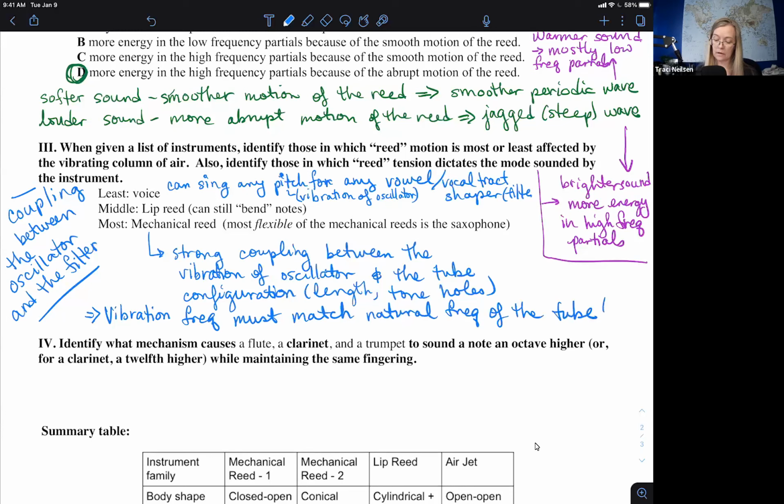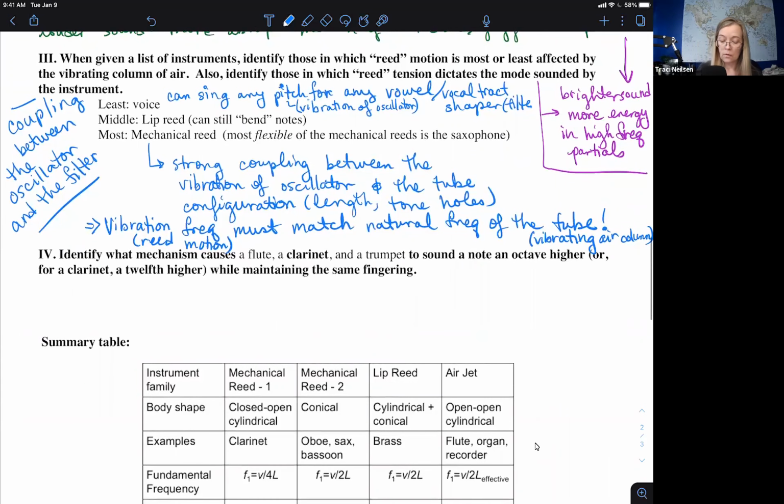That's what strong coupling or strong effect means between the vibrating air column and the reed motion. It's just different ways to say that.